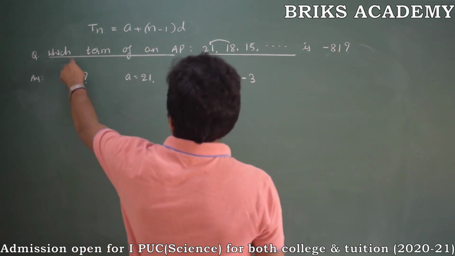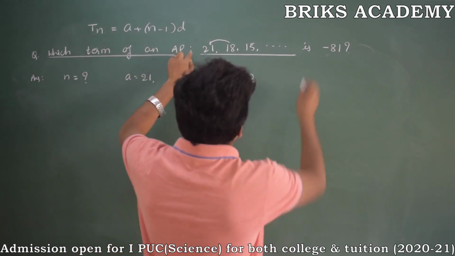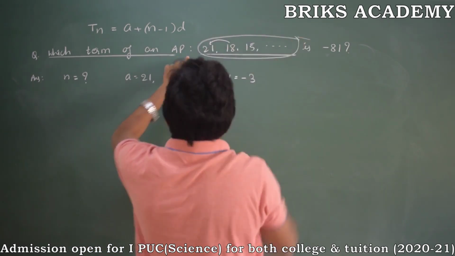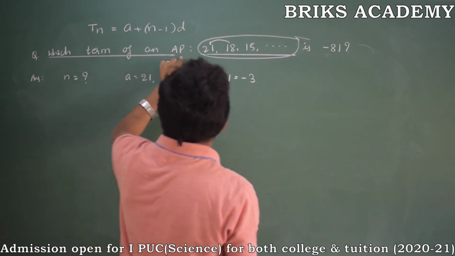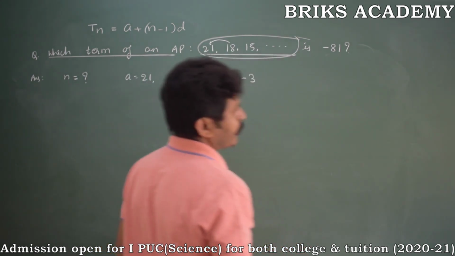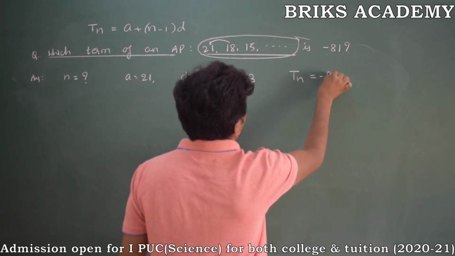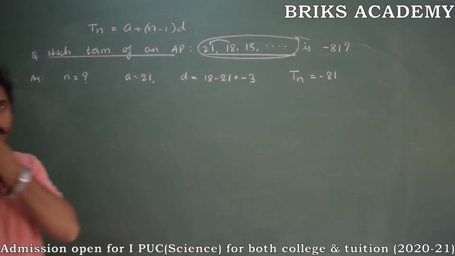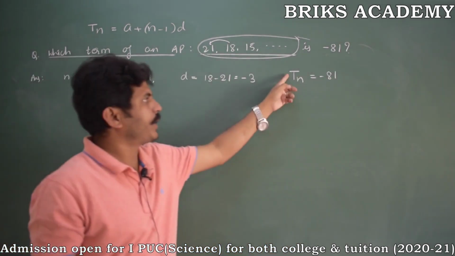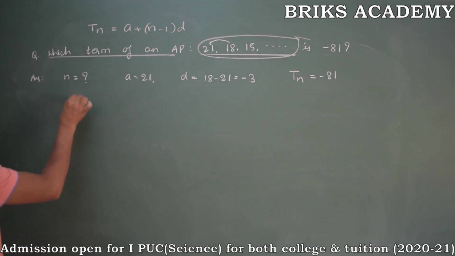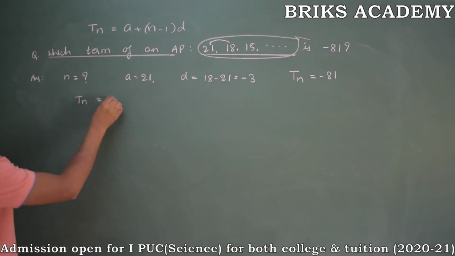Which term of an AP is minus 81? Don't read this for now, leave it. Now read: which term of an AP is minus 81, that is, the nth term of an AP is minus 81. Look, nth term of an AP is minus 81. Are you able to get it? That is n I need to calculate. Nth term of an AP, what is the formula?